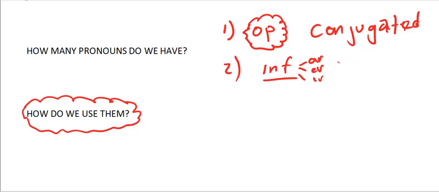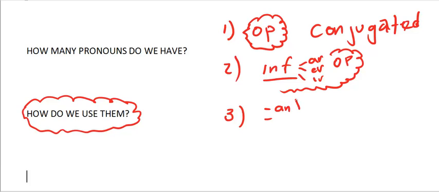So when we have that type of verb, the object pronoun goes attached at the end of the infinitive and it becomes a single word. The third rule says that when we have a present participle, more important than the name is the ending, the ando, yendo endings. When you have a present participle, the object pronoun goes attached at the end of the ando, yendo. See?